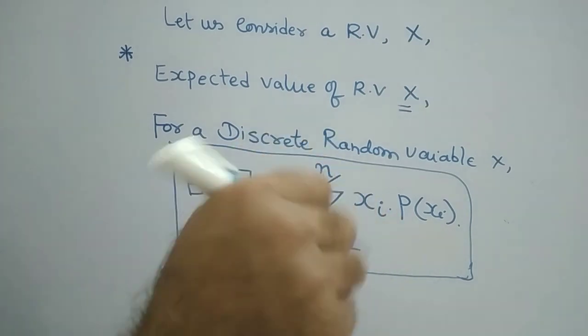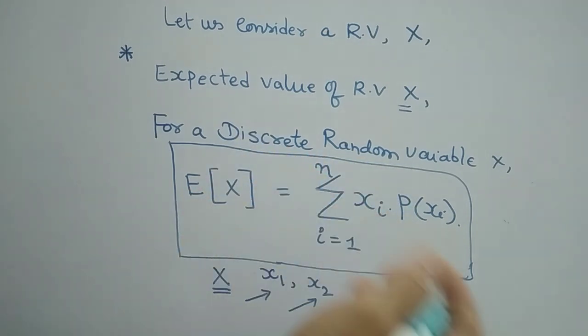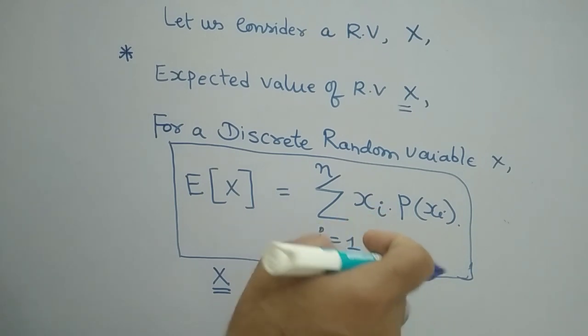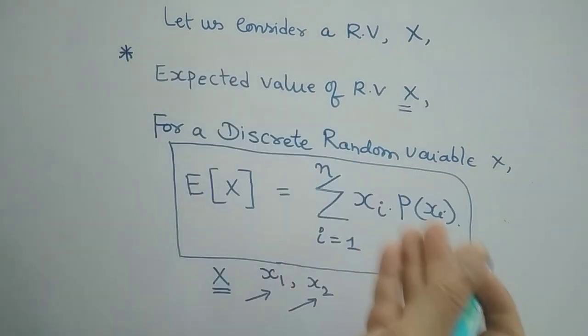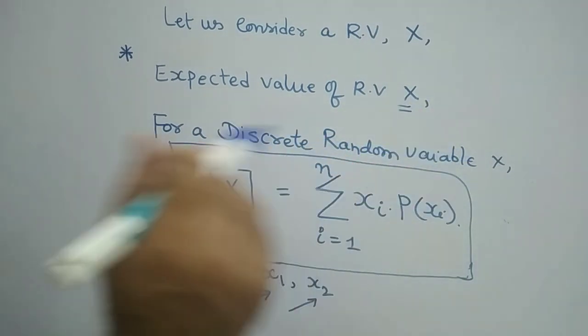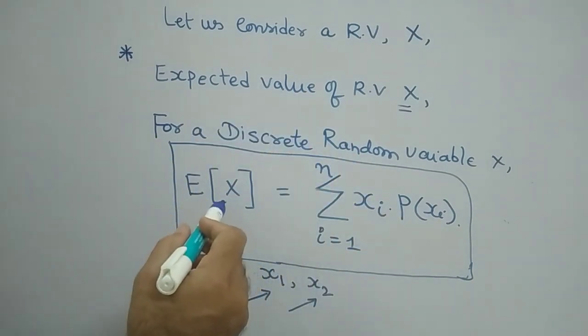If you consider rolling of a die as a random variable x, then in the first experiment you may get some possible value. If you roll the second time, third time, like that, the values you get are called the possible outcome values of the random variable.